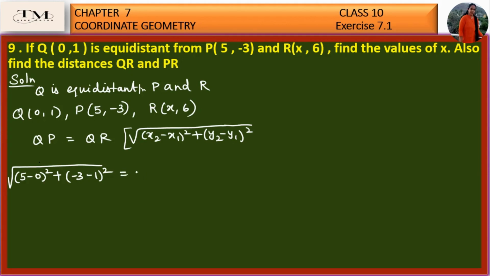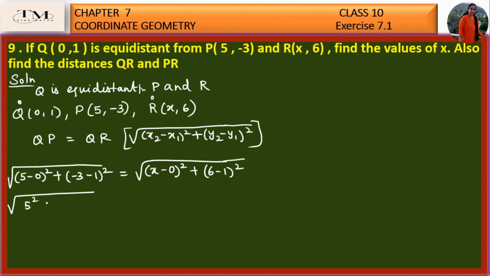Which is equal to square root of QR. So Q and R: it is nothing but (x minus 0) whole square plus (6 minus 1) whole square. Which is equal to square root of, what is 5 minus 0? It is 5 square plus (-3 minus 1).